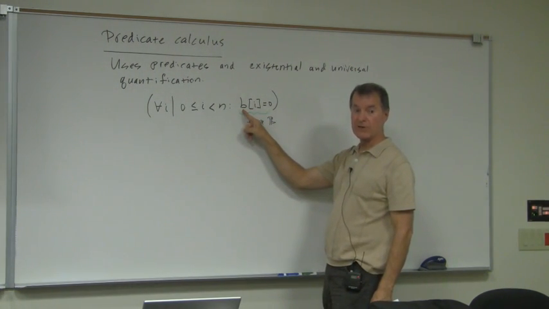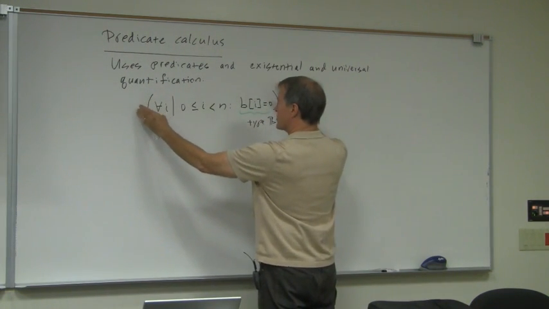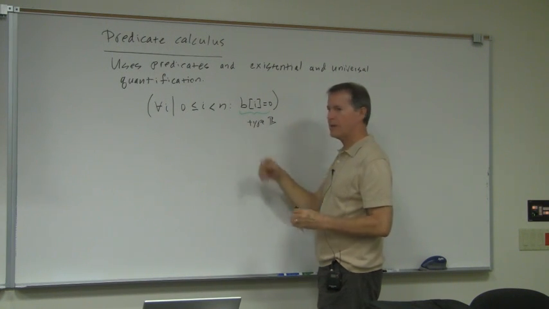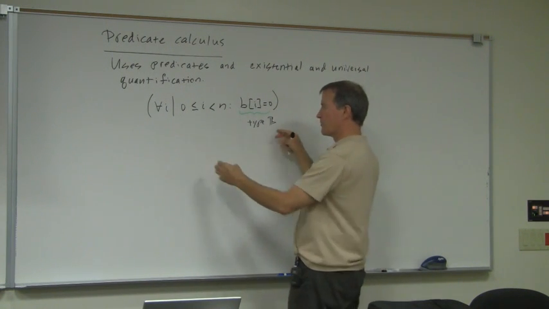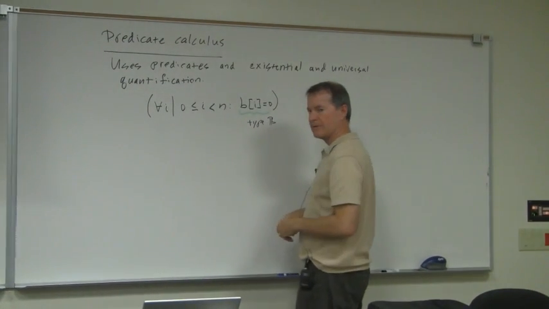Free. It's free, right? So you can think of this whole thing as being a function of n and b. But what type does it return? It returns Boolean, right? So you can think of this whole thing as being a predicate.